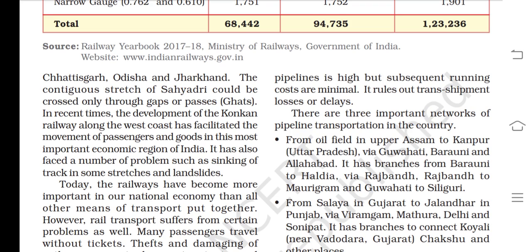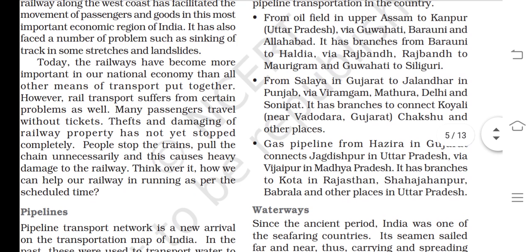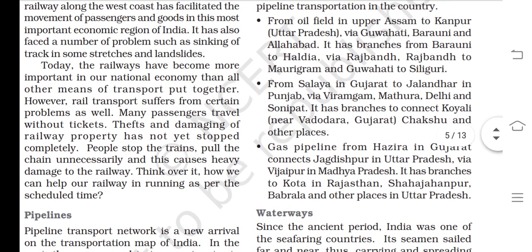The railways have become more important in our national economy than all other.